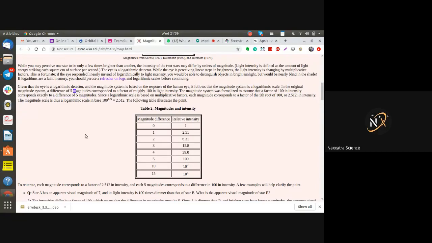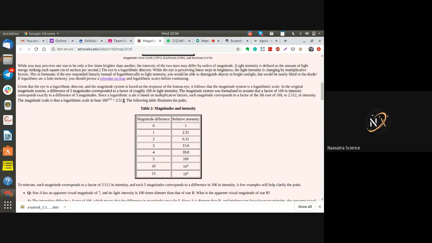Basically, if I had 1, 2, 3, 4, 5, the 5th magnitude star would be 100 times dimmer than the 0th magnitude star. So a difference of 5 magnitudes corresponds to 100 in actual light intensity. When we speak about intensity, we are talking about actual light emitted. The magnitude system was formalized to assume that a factor of 100 in intensity corresponds exactly to a difference of 5 magnitudes.